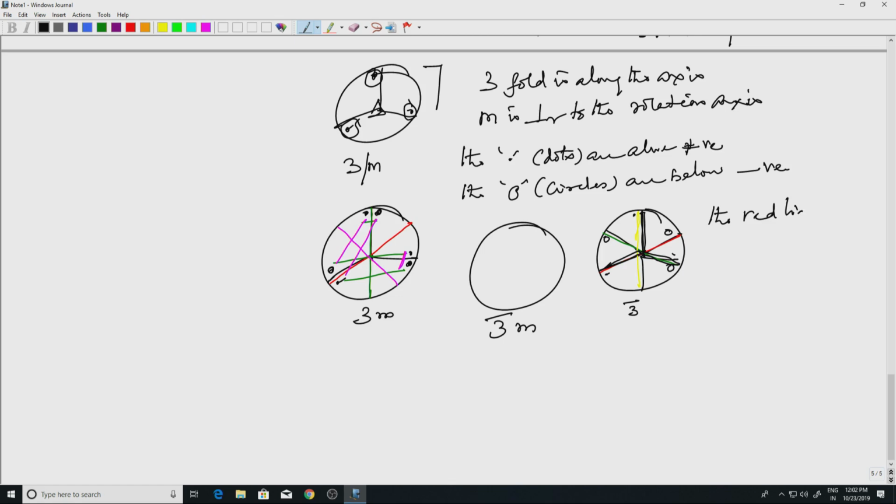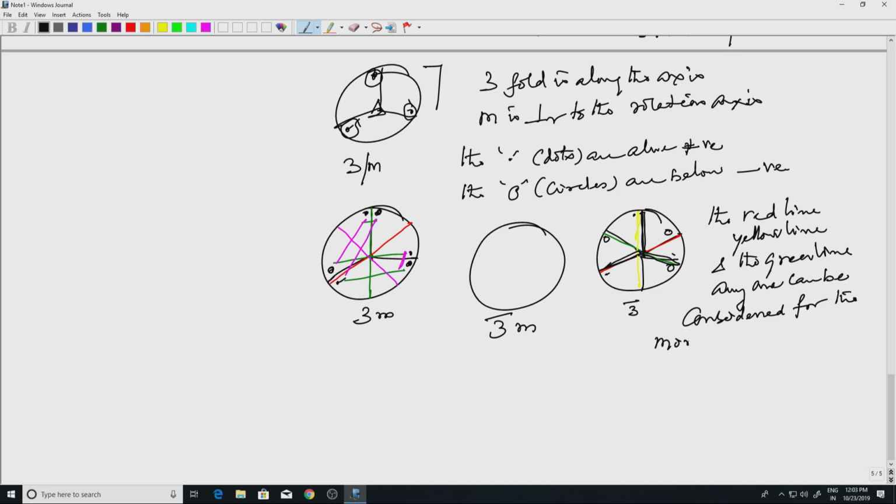The red line, yellow line and the green line, anyone can be considered for the mirror. The threefold axis is lying on the mirror plane.